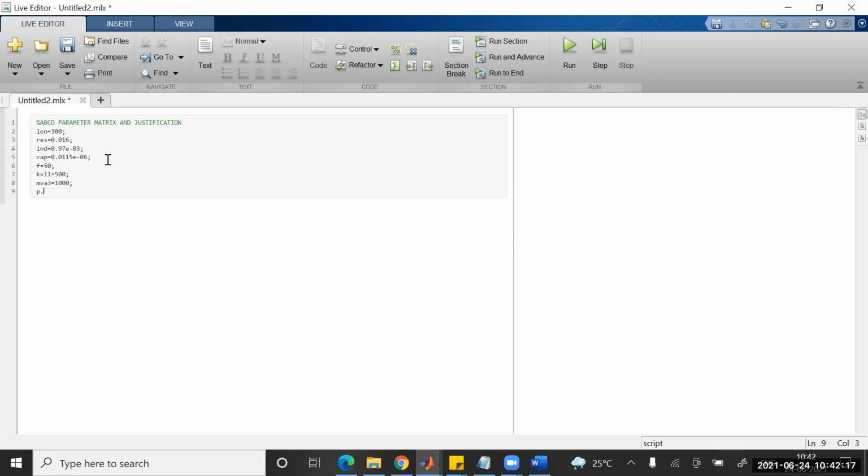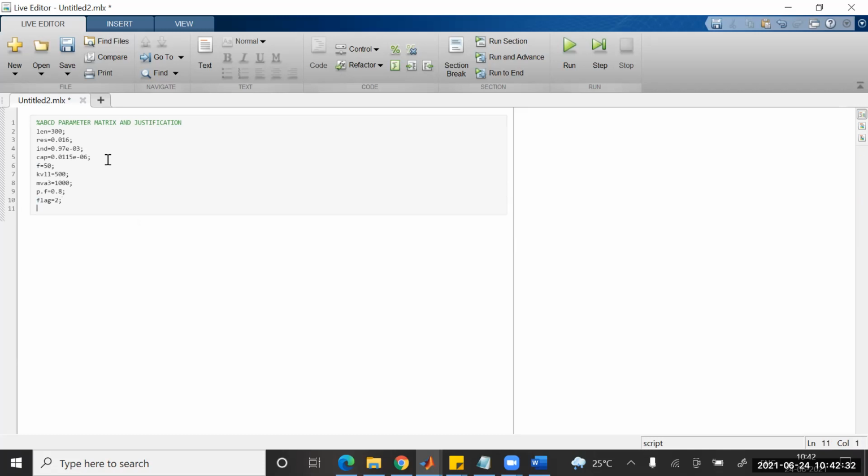Then we'll give a power factor of 0.8, and we'll give flag equals 2.